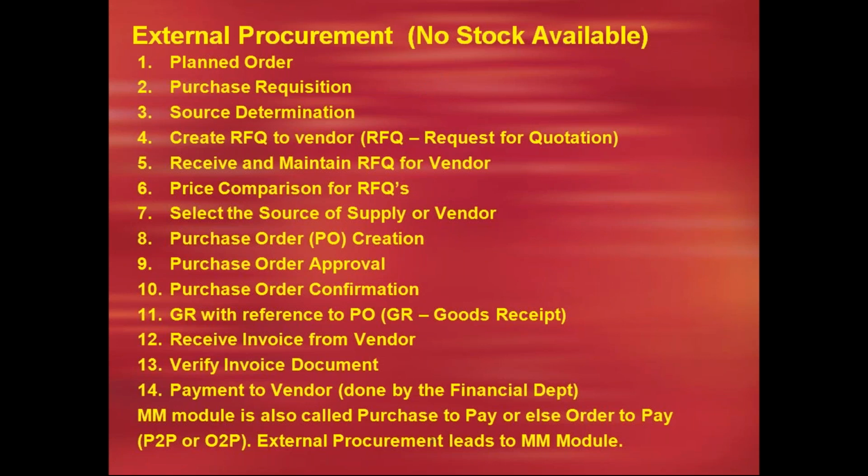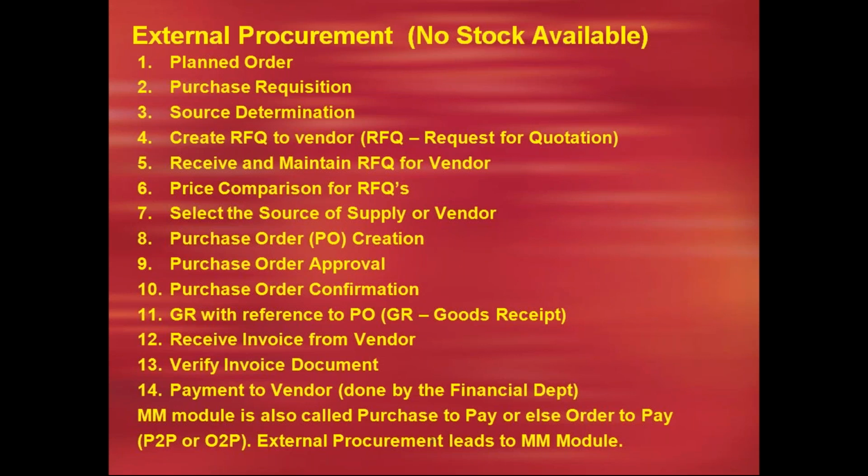What is the meaning of no stock available? The customer business order is in the hands of the company. Parallelly, to execute the customer's finished material, the end component, the company doesn't have enough stocks of the raw materials. So that is called no stock available.